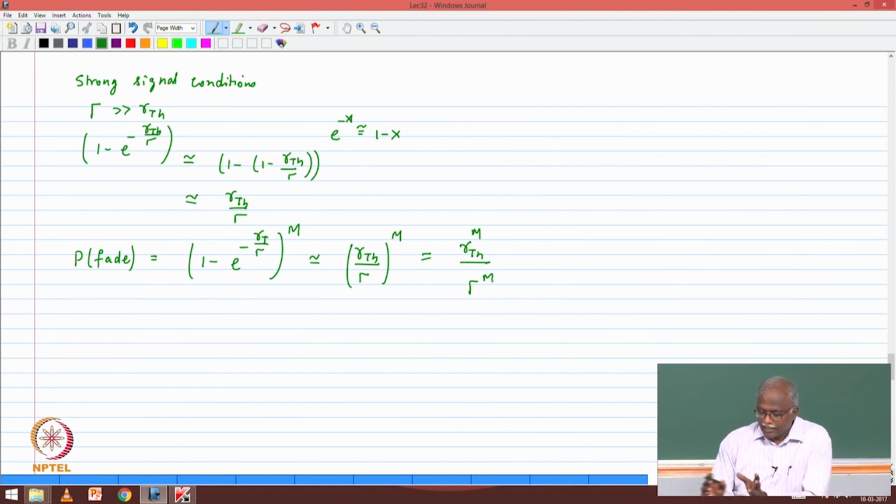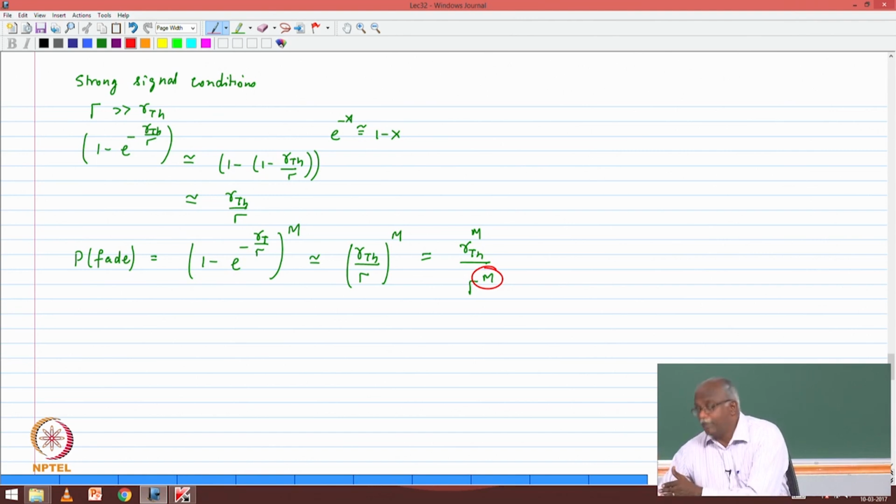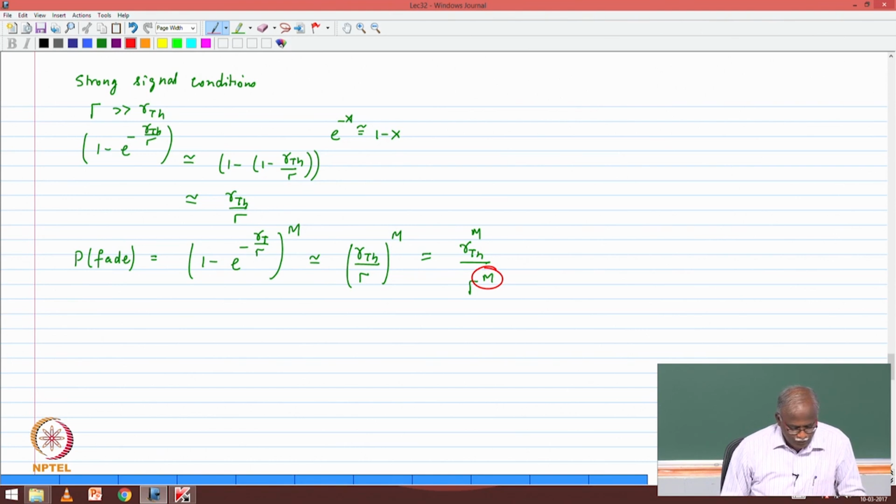So the SNR comes very directly in terms of the benefit of diversity. If you had only one antenna, it will be gamma threshold by gamma. If you have two, it becomes by gamma squared, then gamma cubed. So you're starting to see the benefit of diversity under strong signal conditions. That is a useful result for us to keep.